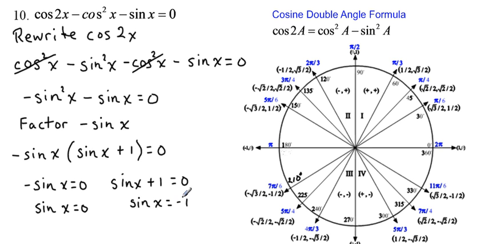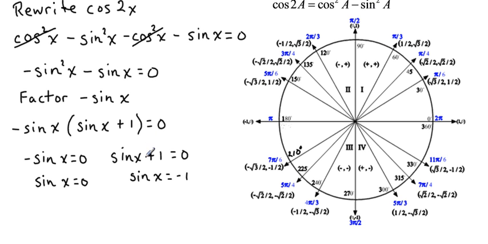So what we now must do is look on the unit circle to see where we have 0 for a y value of sine and negative 1 for a y value of sine. Now, on our unit circle, there are two places where we have 0 for a y value, and one of them is 0 degrees.